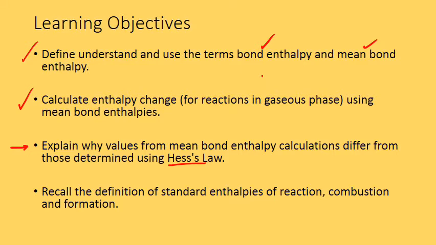Okay, so the answer to this learning objective, i.e. why calculations using mean bond enthalpies differ from those determined using Hess's law, is that with Hess's law we don't use mean bond enthalpies, we use specific bond enthalpies. Okay, so that is going to cover that off as much as we need to at this stage, and we'll come back to Hess's law in a couple of lessons' time.